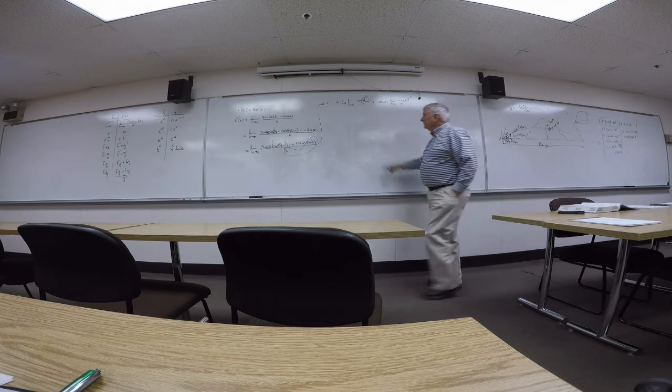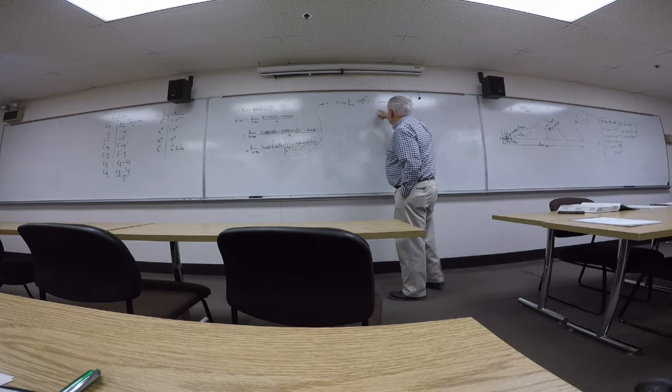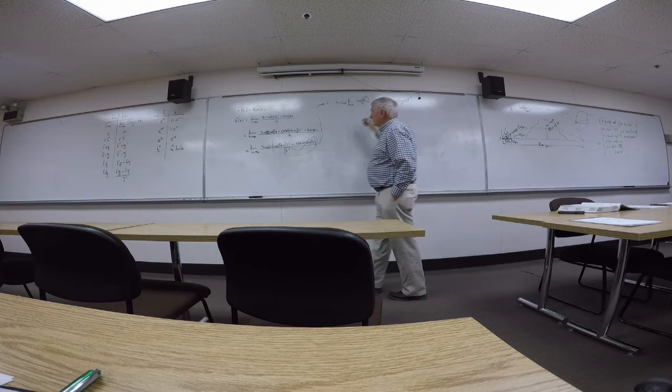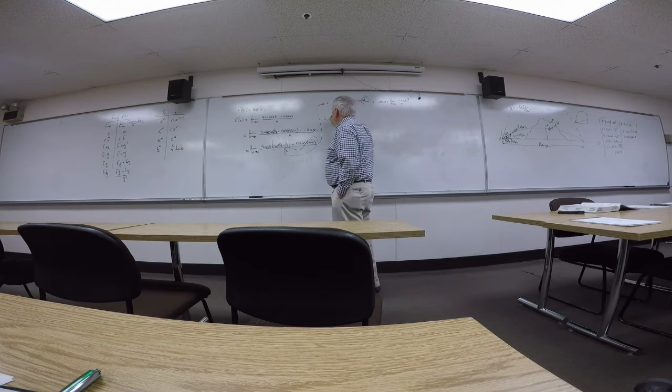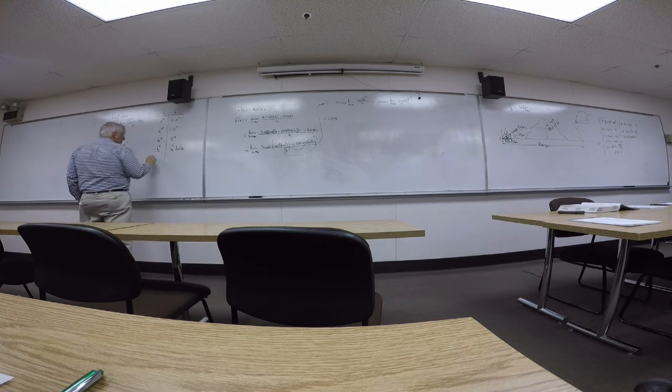So the result is 0 times the sine of x, plus 1 times the cosine of x. That is simply the cosine of x. So we can add that on here. The derivative of the sine of x is the cosine of x.